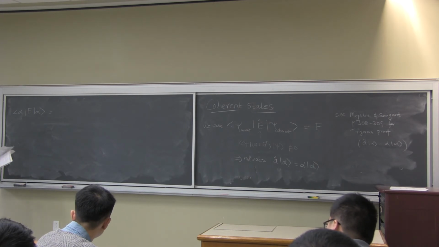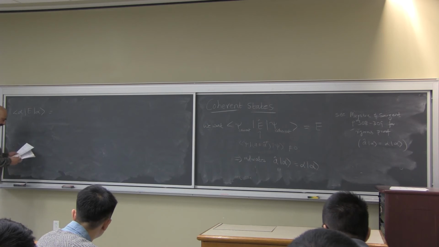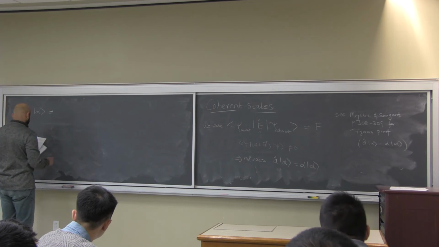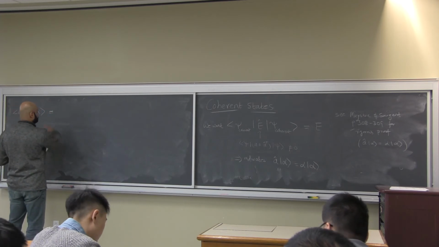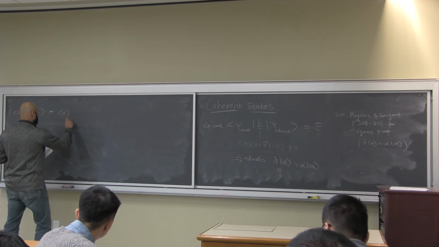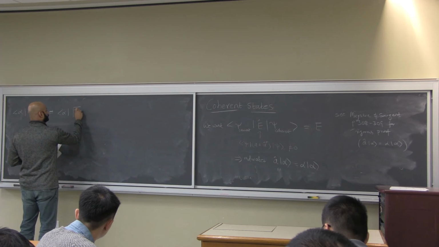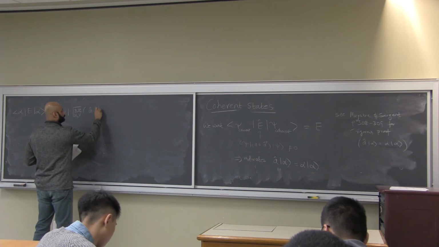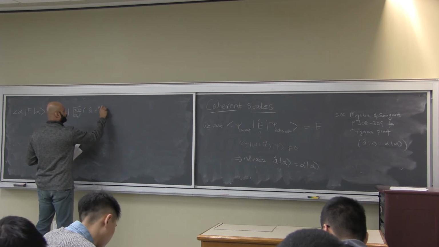So that's why we define A acting on alpha to be the eigenstate. To find this, we substitute the definition. Just a couple of steps, pretty straightforward.